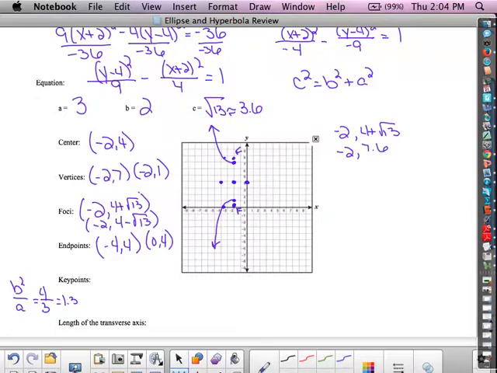Maybe that will help me. So that's this foci. So I'm going to go left and right. So I'm going to go minus 3.3 comma 7.6 for one, and then to the right.